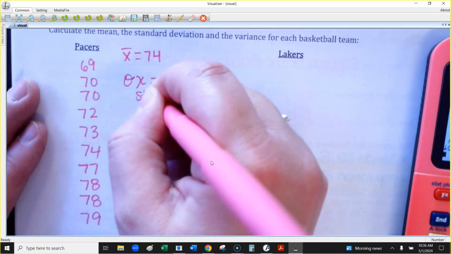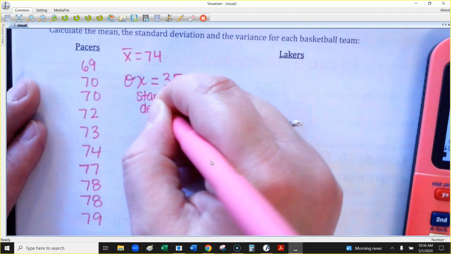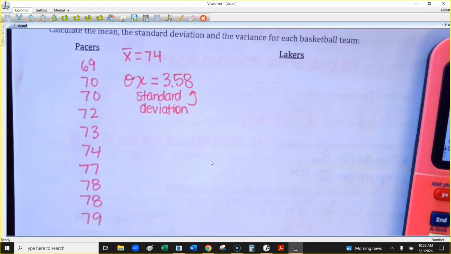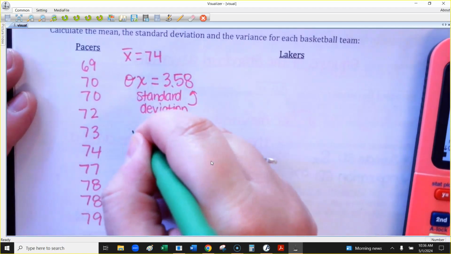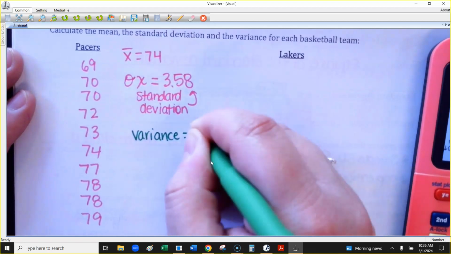Now, the calculator does not display the variance because the variance is really just used to calculate the standard deviation. So if the question asks you for the variance, it is going to be the standard deviation squared.